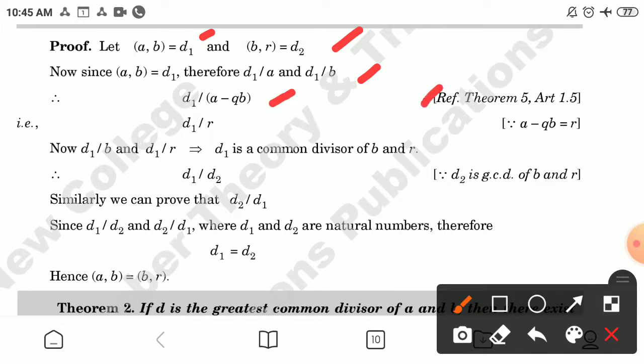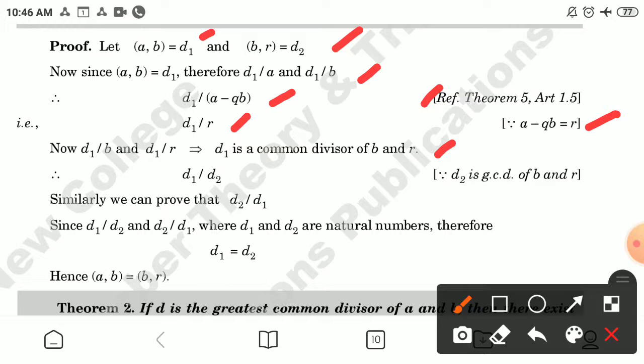This is by reference to theorem 5, article 1.5, that is, d1 divides r, since a minus qb equals r. Now d1 divides b and d1 divides r. This implies d1 is a common divisor of b and r.